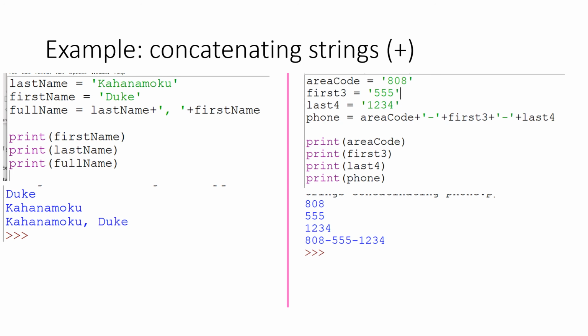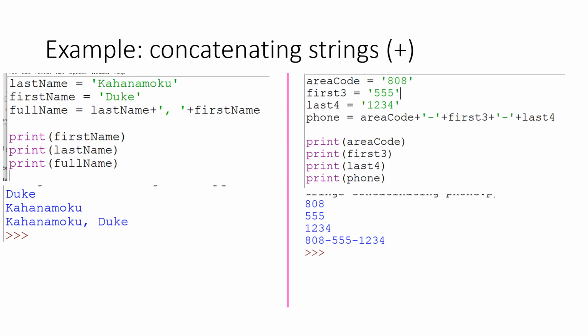The next example for concatenation, and it's very common, is area codes, the first 3 digits of a phone number, and then the first 3 digits after that and the last 4 digits of a phone number. So let's say that this could be a program for a cell phone company that generates phone numbers.